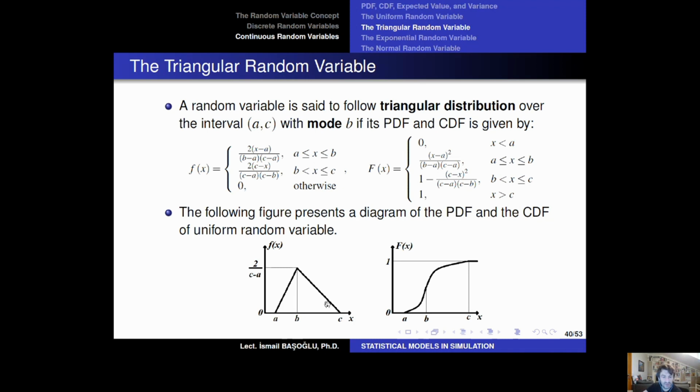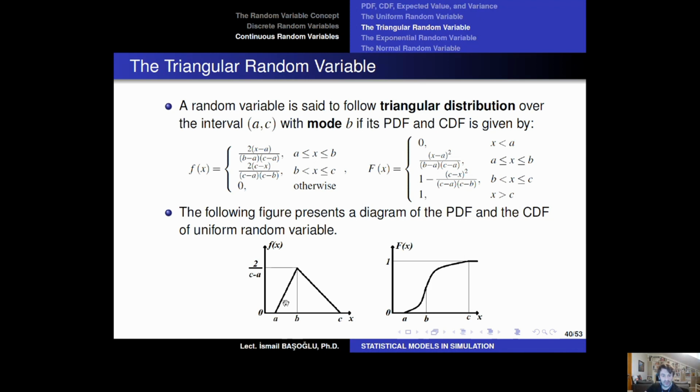And in the second part, there will be a decreasing function with a negative slope. Between b and c, the linear function will be 2 times c minus x over c minus a times c minus b.